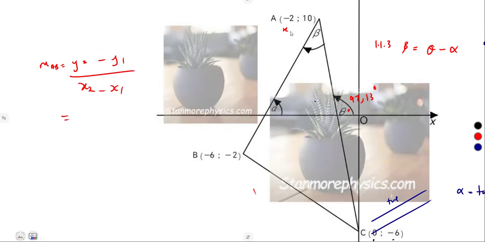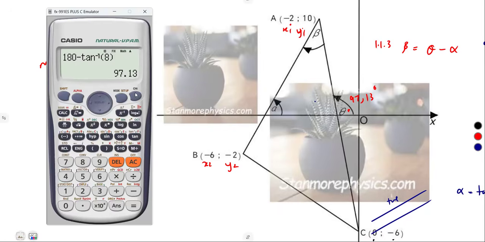So that's it. x1, y1 here, and this is going to be x2, y2. So let us simply substitute our values. y2, that's minus 2, minus y1, which is 10, over x2, which is negative 6, minus x1, which is a negative 2. So that is going to give us the gradient.